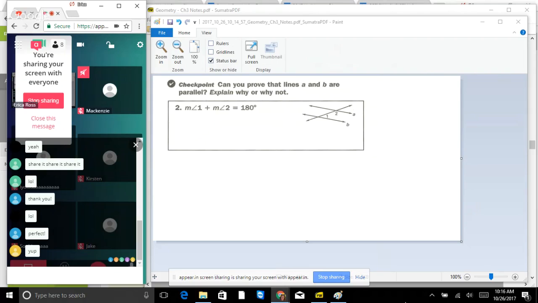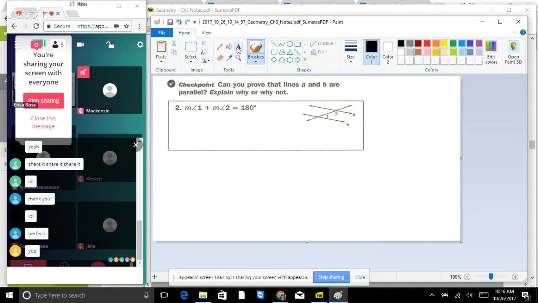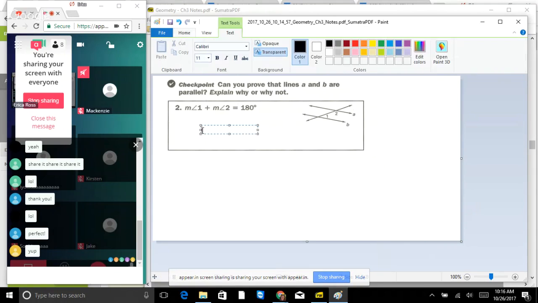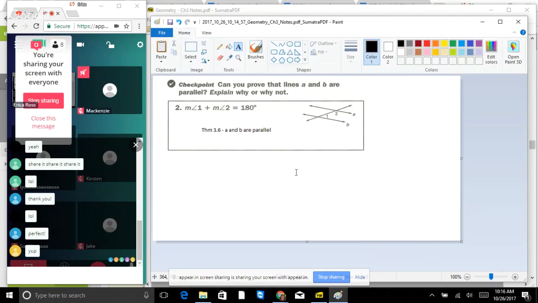Are they consecutive interior? Yes. So we can say by theorem 3.6, A and B are parallel. That makes sense?